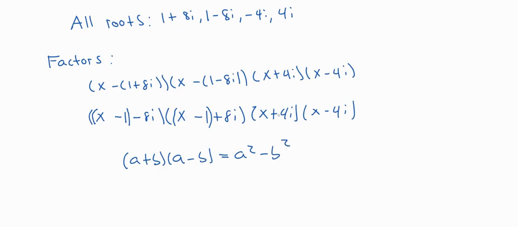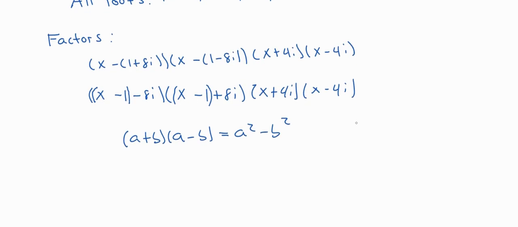And again, over here, this would be like my a, this would be like my b, so it would be a plus b and a minus b. And so we can go ahead and rewrite this as x minus 1 squared minus 8i squared times x squared minus 4i squared.